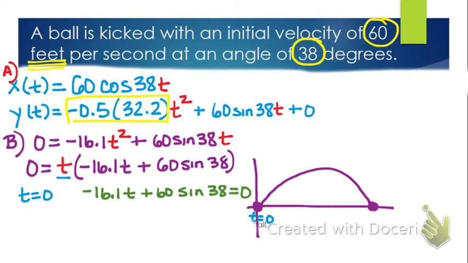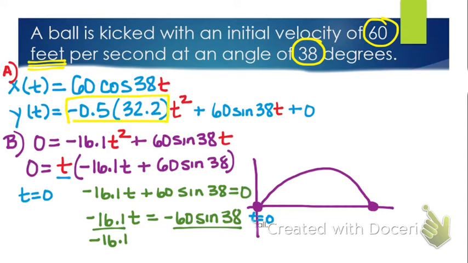So in order to solve for t, I'm going to subtract 60 sine 38. So that's going to give me negative 16.1 t equals negative 60 sine 38. And then I'm going to divide both sides by negative 16.1.